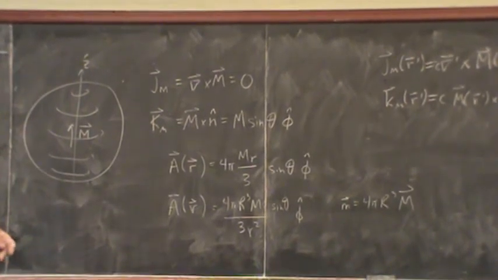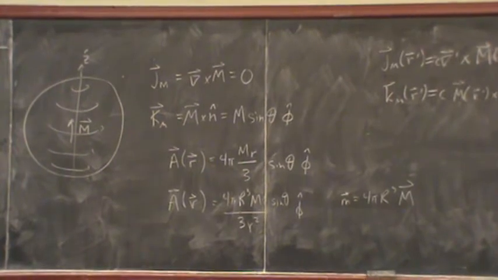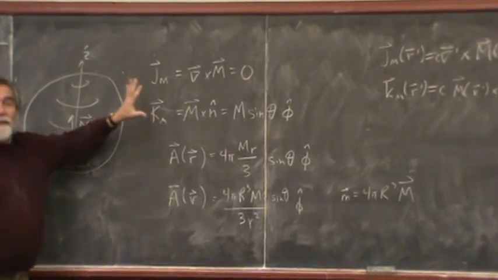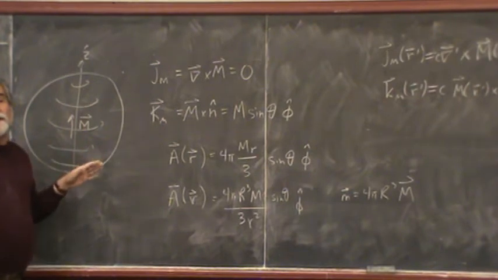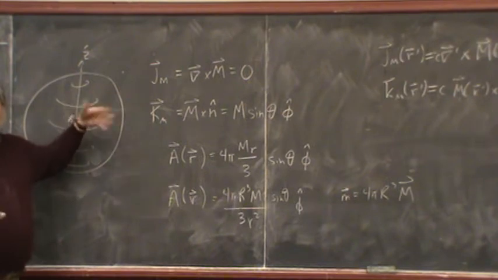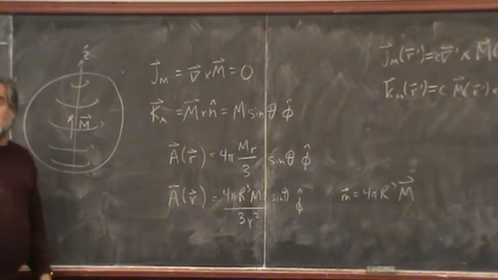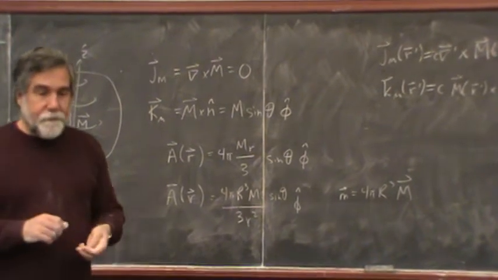So again, being able to use these bulk and surface currents, and then once I've got bulk and surface currents, to use Ampere's law or Biot-Savart to actually solve it, turns out to be an easy approach to dealing with magnetized materials. Okay.